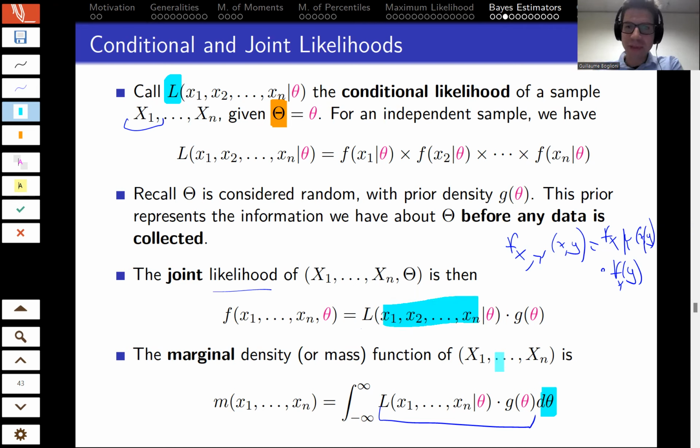But in reality, what we're interested in is theta, the parameter, considered random. So what we really want is the inverse of this. We don't want the density of the sample given theta, we want the density of theta given the sample. Given I observed all my data, what is the new density of theta?